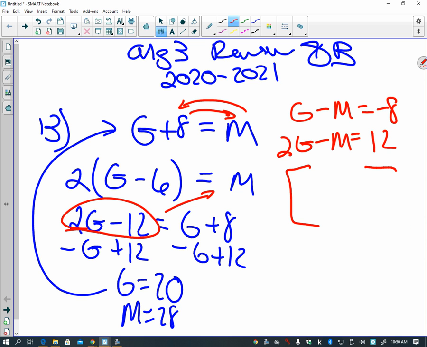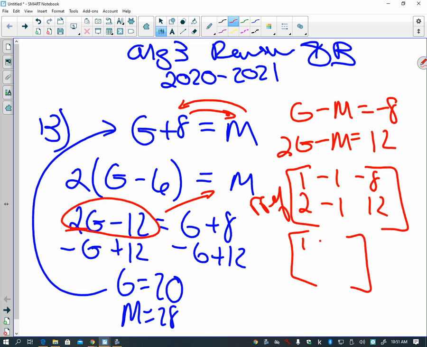So my RREF matrix is 1, negative 8, 2, negative 1, 12, I believe. And then RREF. What we should get out of that is 0, 0, 1. Because we already know Greg is 20, 20 should go here and 28 should go here. This being G, this being M.